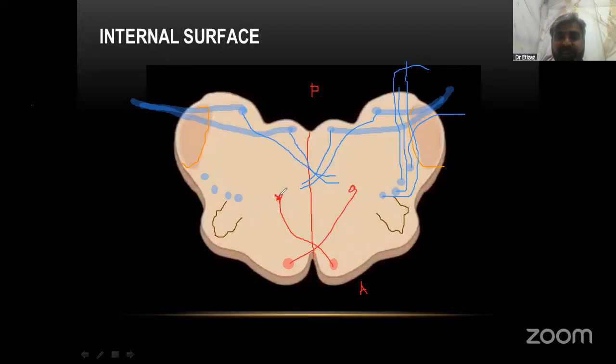Anterolateral corticospinal tract. Posterior to this one, there will be the nuclear spinal tract. And on either side, on the superior and superolateral side, there are two tracts. One is here, and one is here.